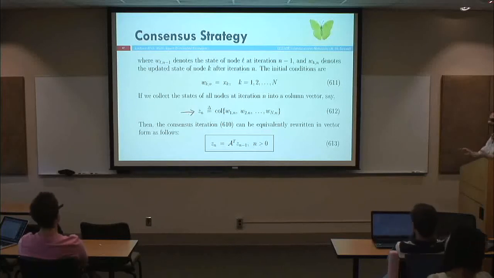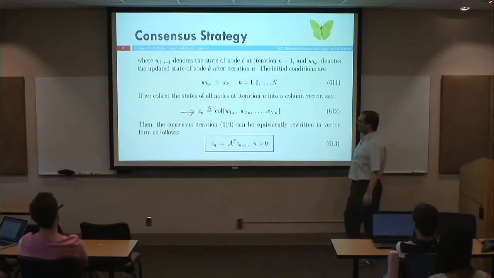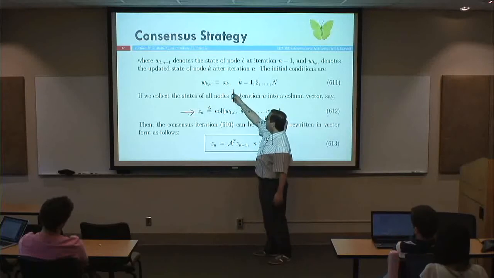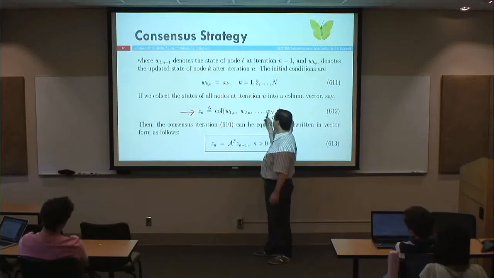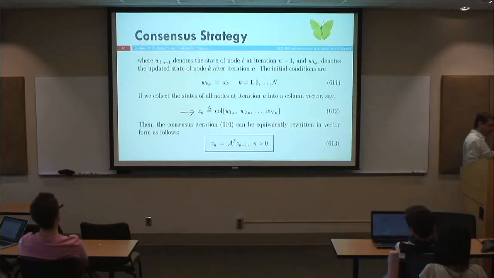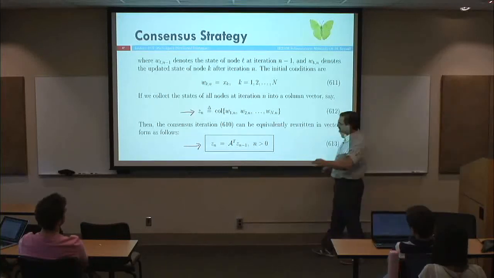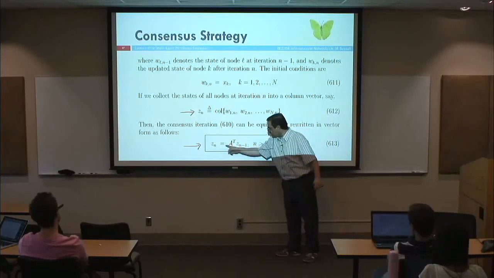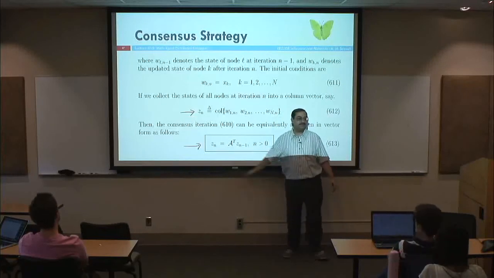This is the state of the network at time n. Of course, the initial condition will be x1, x2, xn. That's where you start from. The recursion for w translates into this recursion for z. Z now is a long vector. This is the new z, is the old z times some matrix A. What is this matrix A?